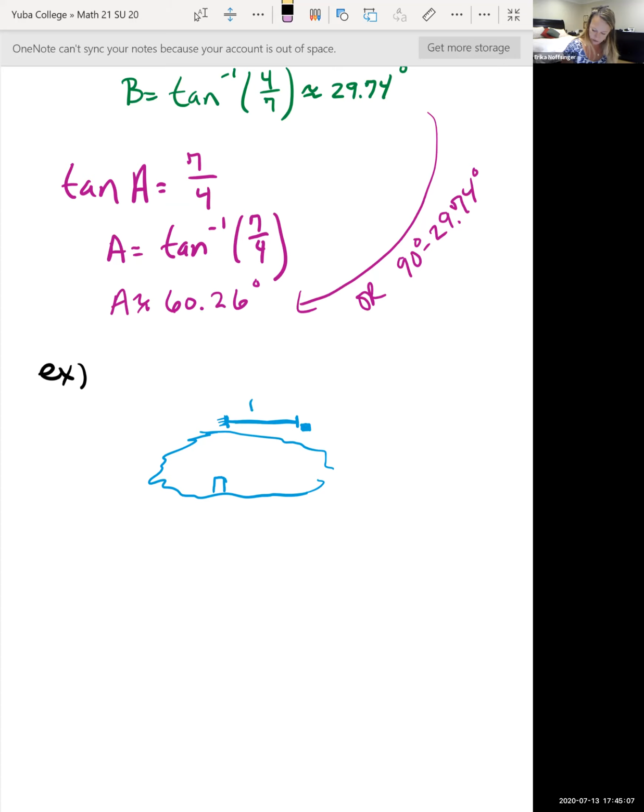This is 120 feet. From his transit, the angle between the piling and the pier is 40 degrees.